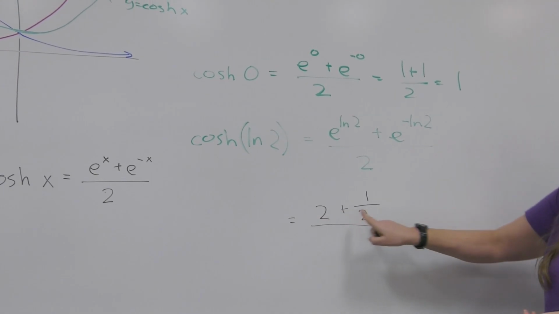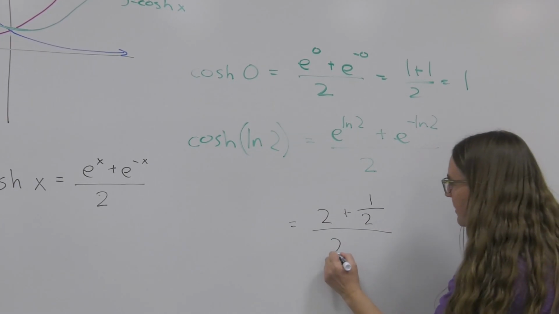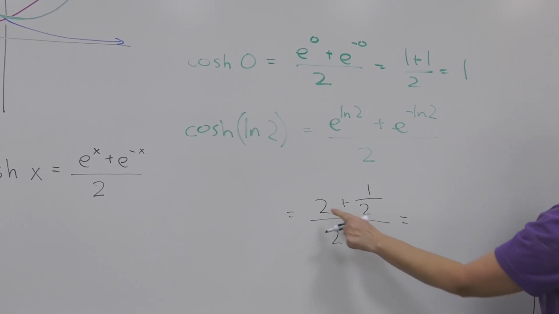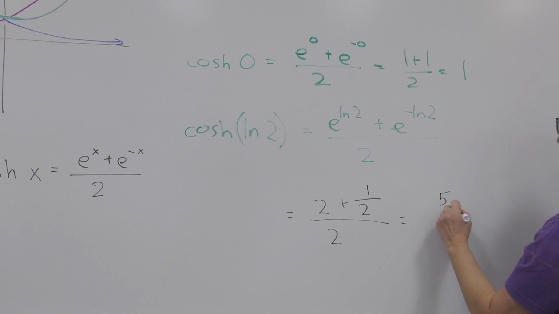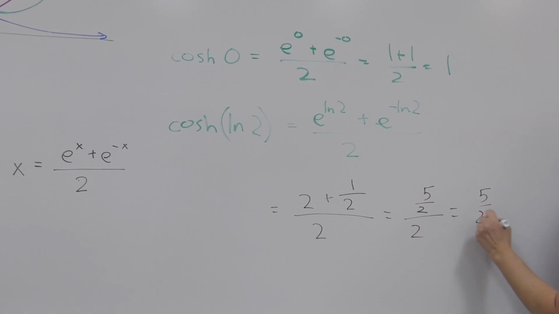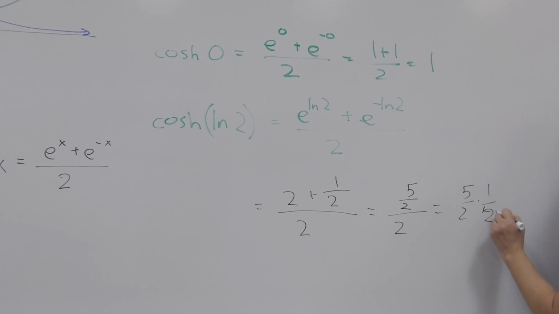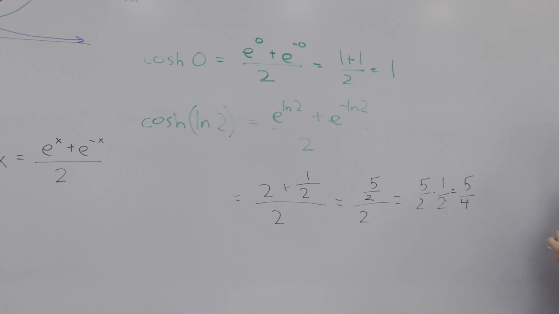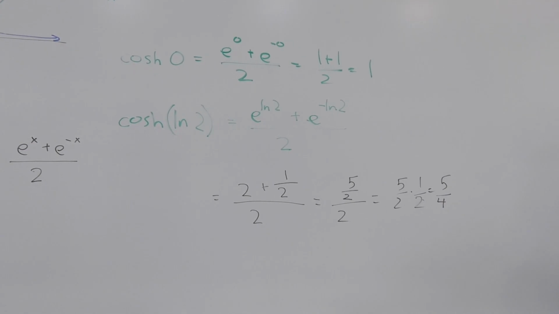So this would be 2 plus 1/2, all divided by 2, because we're averaging them. So let's see, that's 4/2 plus 1/2, that's 5/2, divided by 2, which would be 5/2 times 1/2, which would be 5/4.